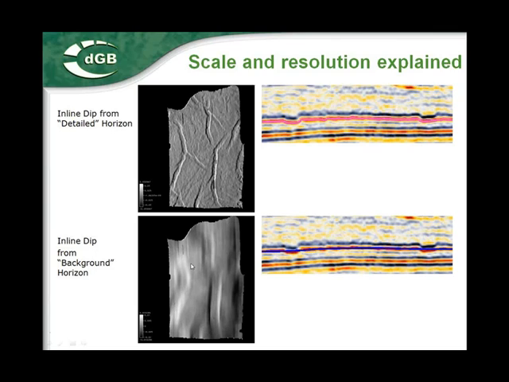Well, if you do the same dip extraction on the smoothed horizon, the background horizon, you can hardly find any trace of those incisions being present. So apparently the amount of averaging you apply does matter for which attribute displays better on a horizon.